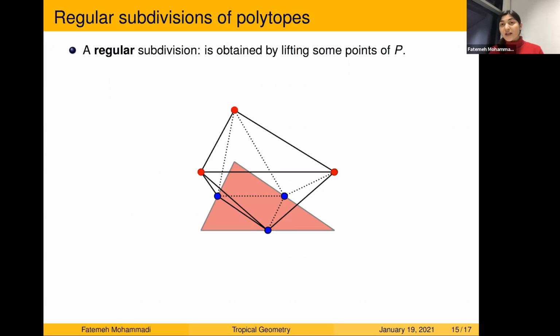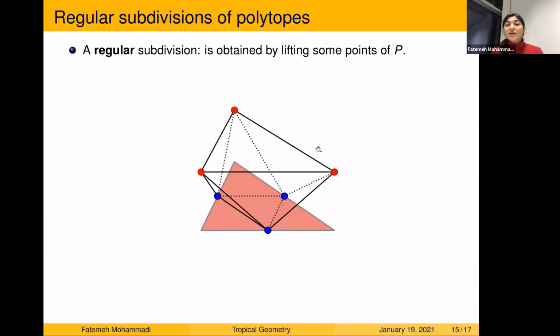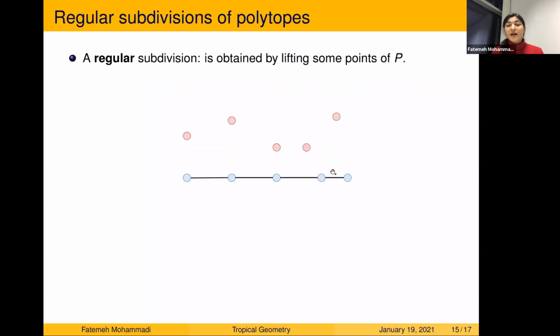Or maybe to give you an easier example, here I have a polytope with 2 vertices, and I could also take some vertices inside my polytope, and I have lifted up every point here.